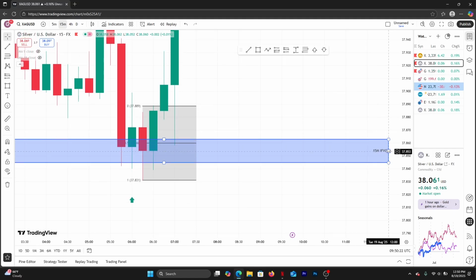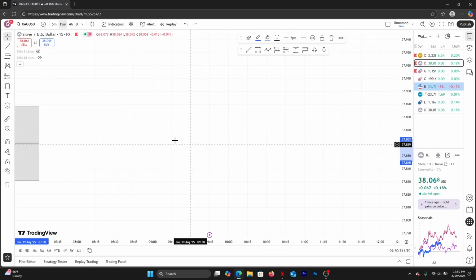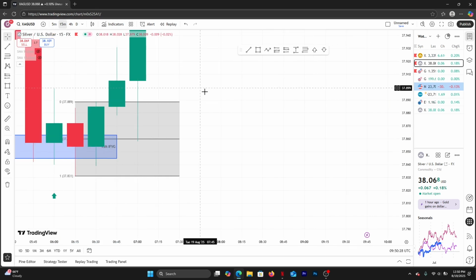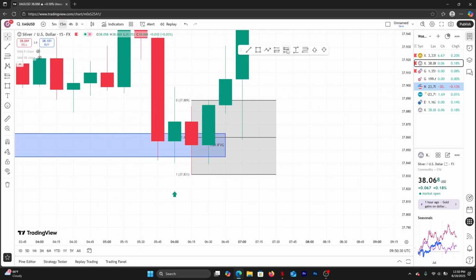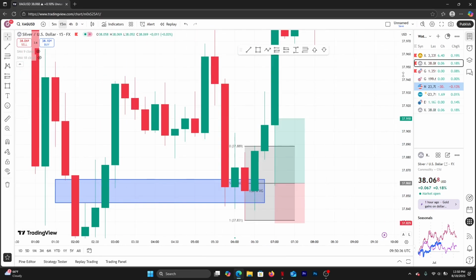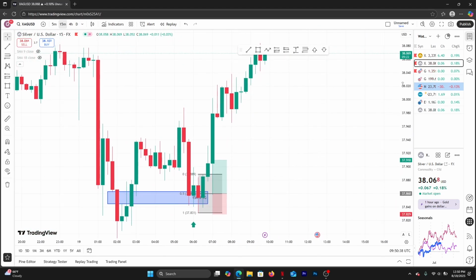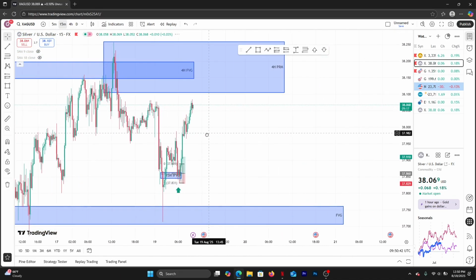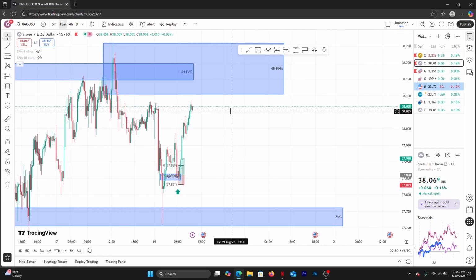and then that becomes an entry for us. Still in the 15-minute time frame, that becomes an entry for us. You can see a stop loss just below this dealing range, and then we target. As we had an expectation, we are expecting price to retrace into this 4-hour premium that came out of this 4-hour fair value gap.